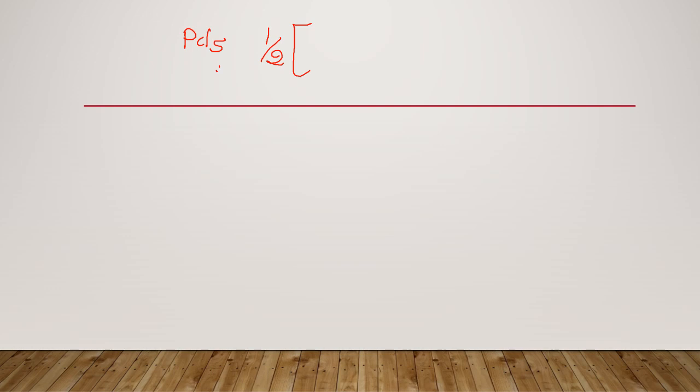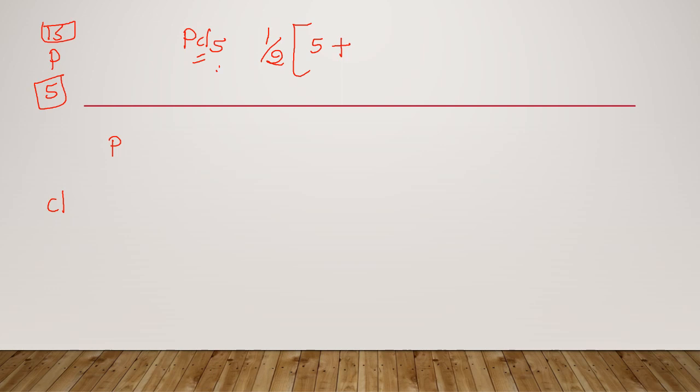The number of valence electrons in the central atom: we know that phosphorus comes under group 15 elements, so the number of valence electrons is equal to 5. Next, what is the formula? The number of monovalent atoms attached, if any. Are there any monovalent atoms attached to the central atom? Yes, there are chlorines. Why is it monovalent?